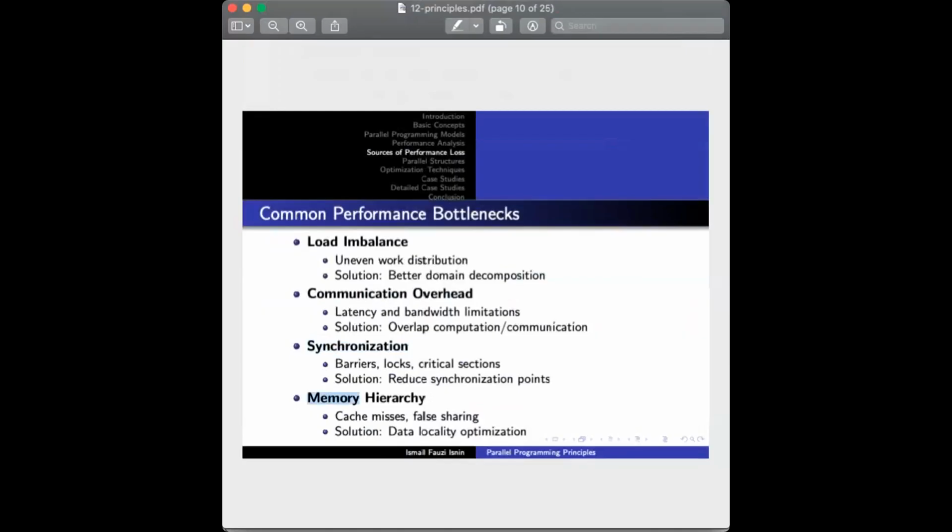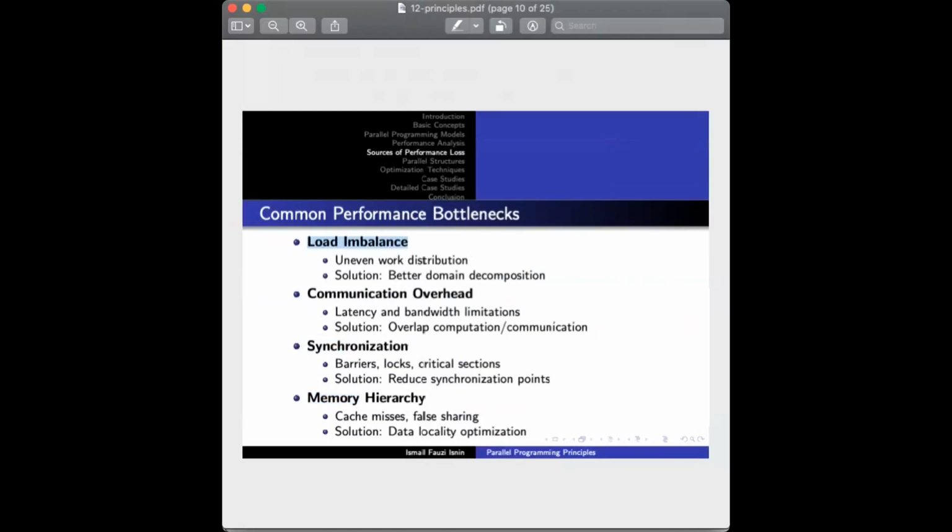One, load imbalance. This occurs when a workload is distributed unevenly across your hardware, leaving a fast processor sitting completely idle while waiting for the slowest thread to finish its work.